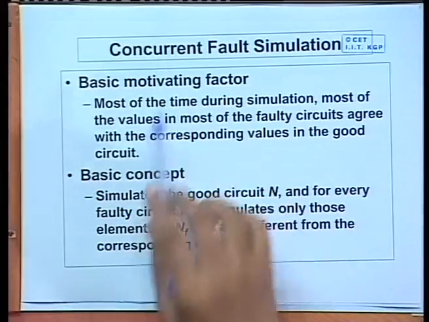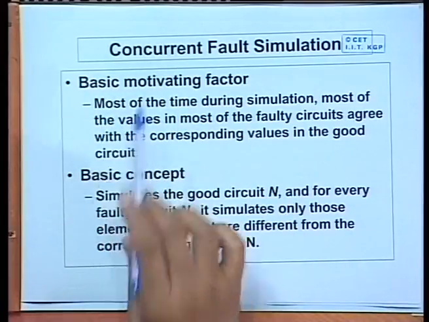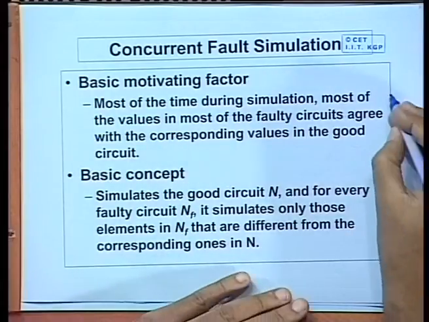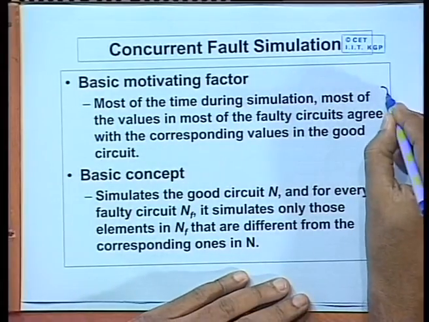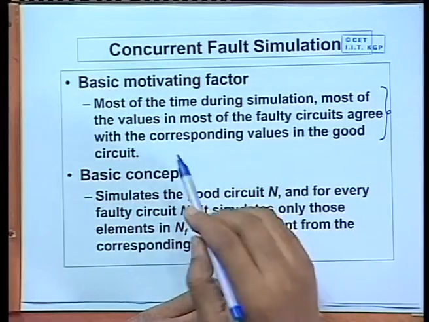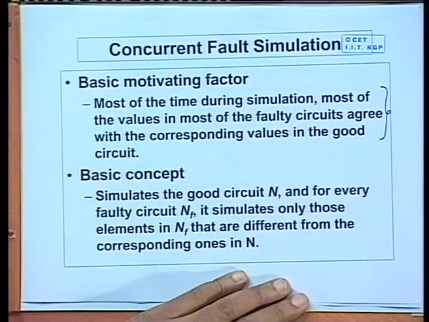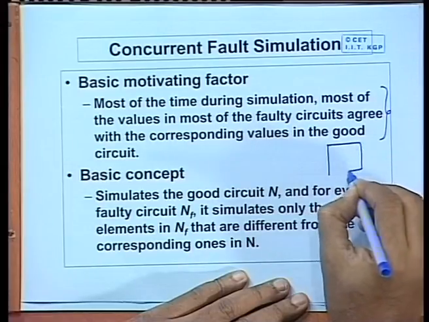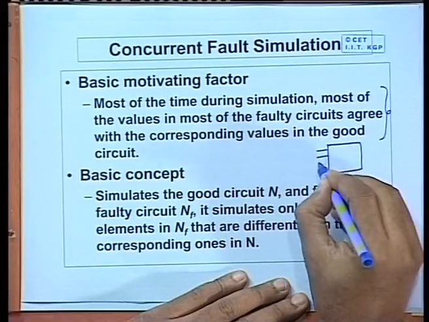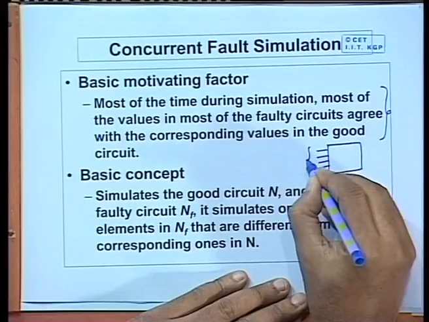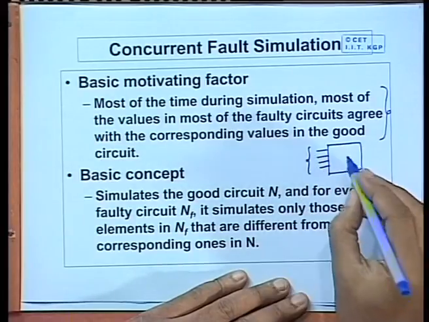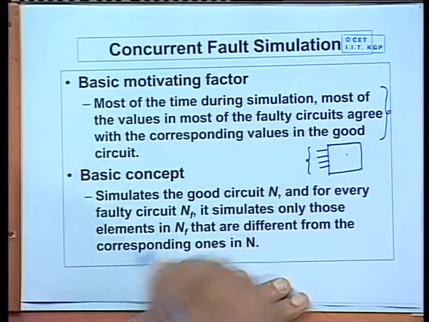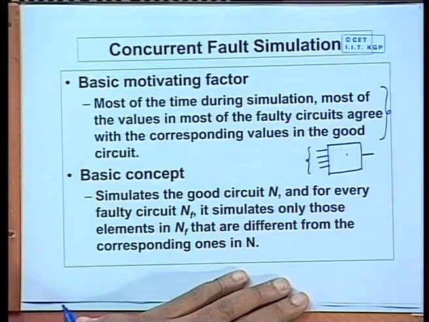Well, in the method of concurrent fault simulation, the basic concept is that we try to take advantage of the fact that most of the time during simulation, say given a circuit with certain number of inputs, we apply a test vector. Possibly we can inject a fault in the circuit and simulate with respect to that.